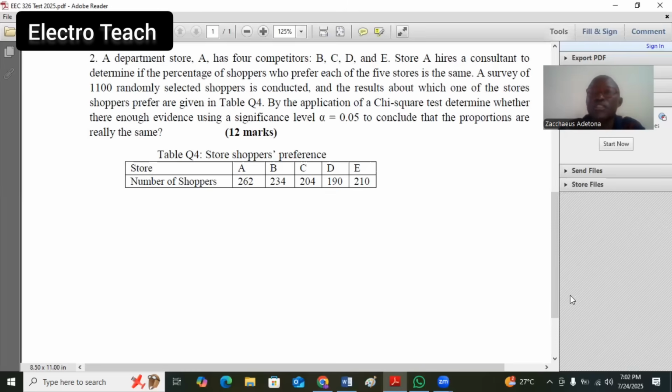Alright, so there's a word that was missing: whether there is enough evidence to conclude that the proportions are really the same. So there are 5 stores, A, B, C, D, E. And the number of shoppers that patronize them are recorded as 262, 234, 204, 190, and 210.